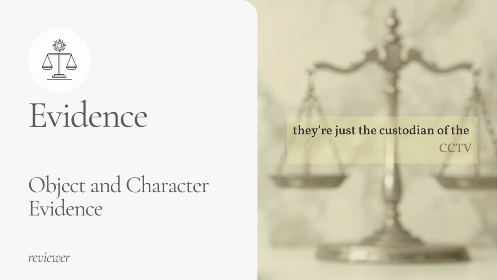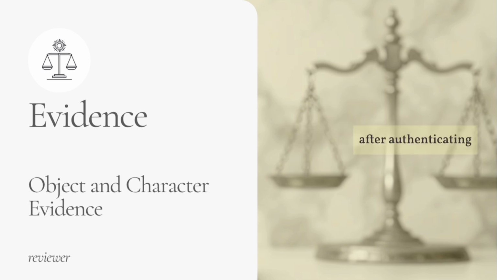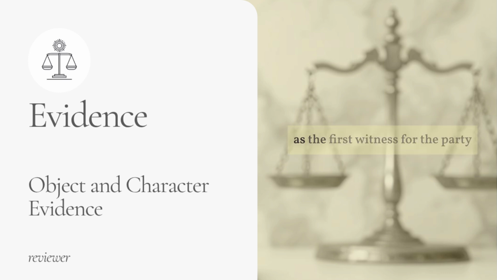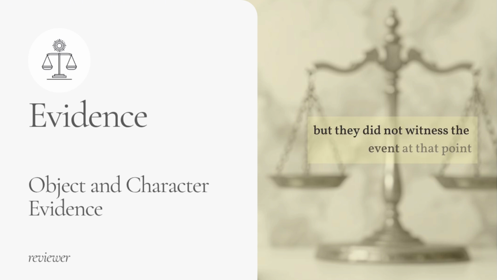They're just the custodian of the CCTV. After authenticating the video, can the video then be admitted as evidence of the fact of the fight? At this point, the CCTV footage has been authenticated, but they did not witness the event.